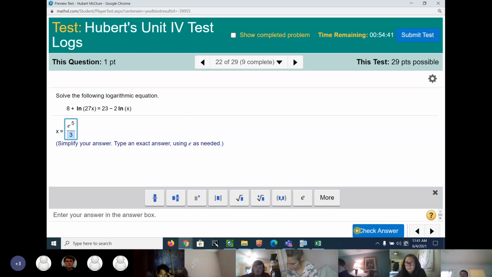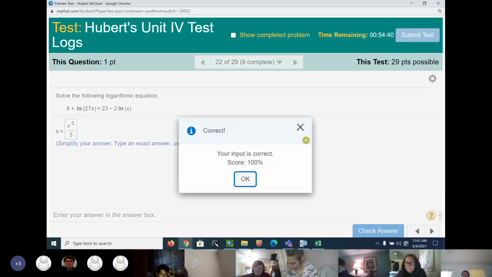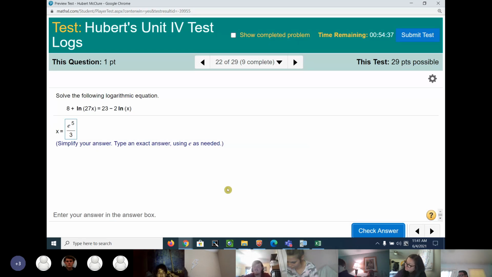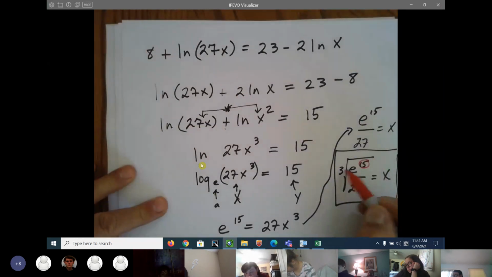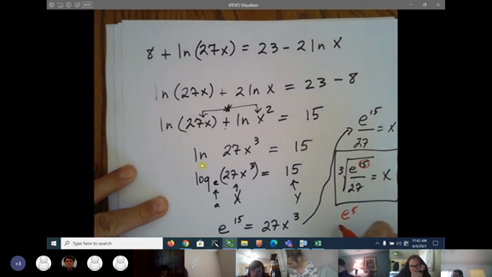There we go. We had the right answer, we just didn't simplify it. So to make sure you got it right, the third root of an exponent, you just divide. So that's 15 divided by 3, e to the 5th, over the third root of 27, which is 3.